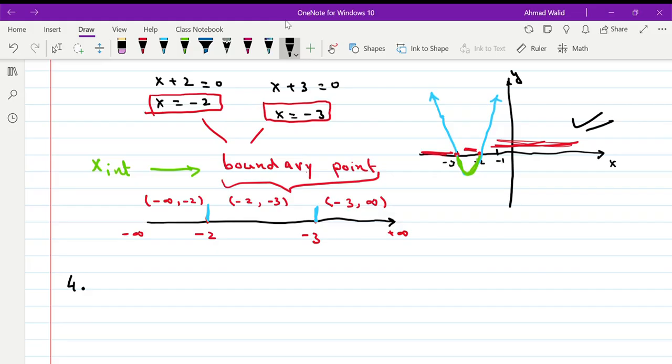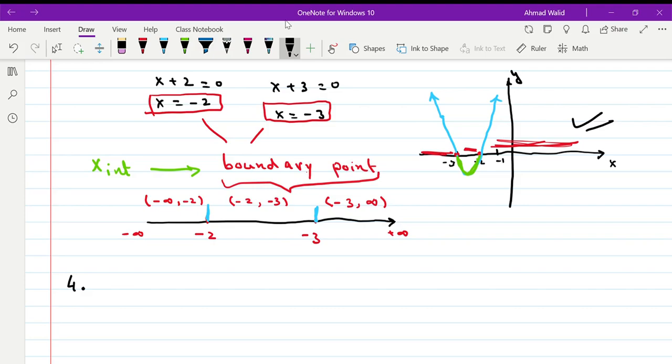In step 4, pick a test point from each interval and plug it into the actual given inequality, and see if that number satisfies the inequality. You pick a number from each interval.